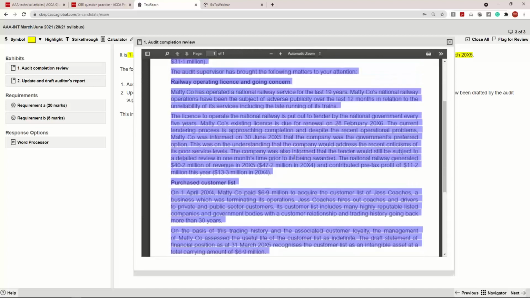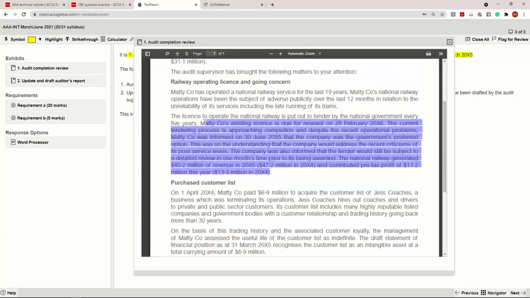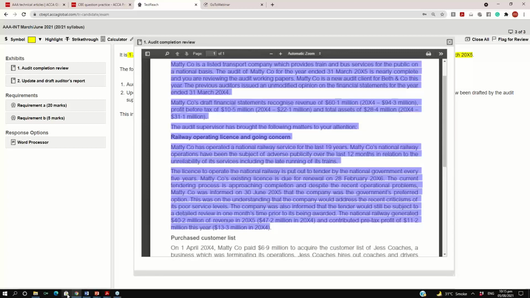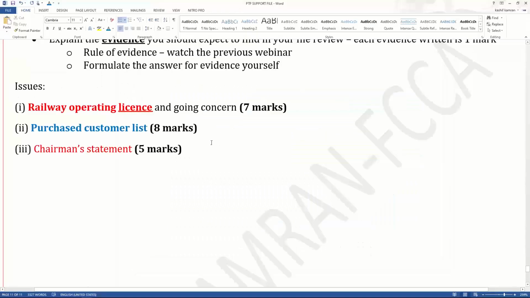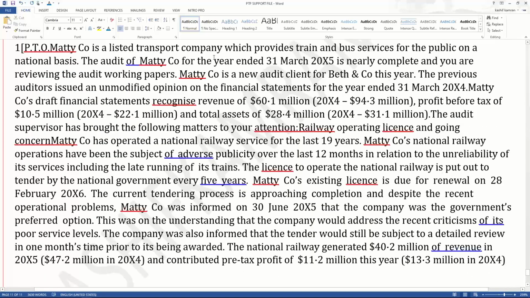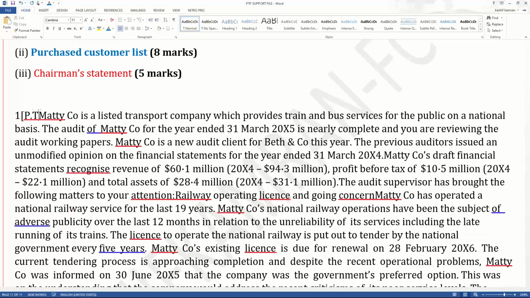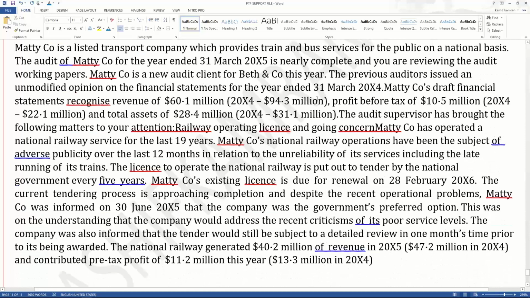I'm just copying the information from here. If I can take this to my Word file, that will give me a large space to read things with you. Sorry, again, if I can just paste information here.